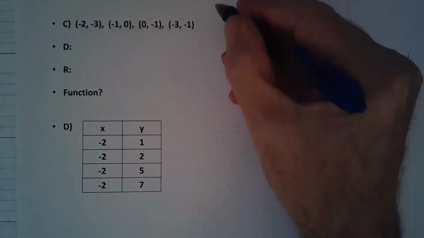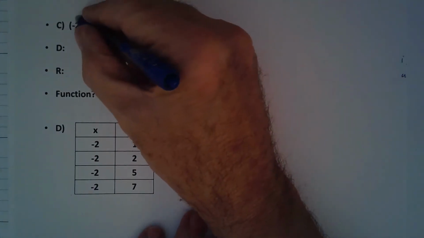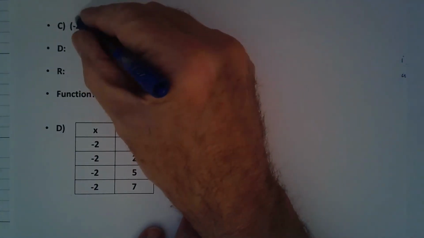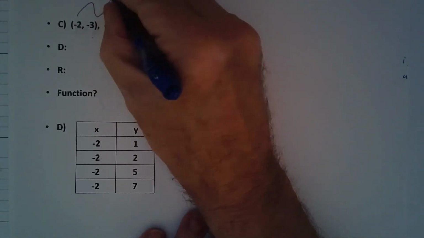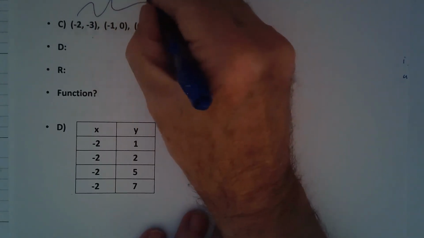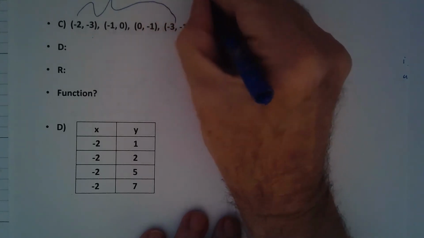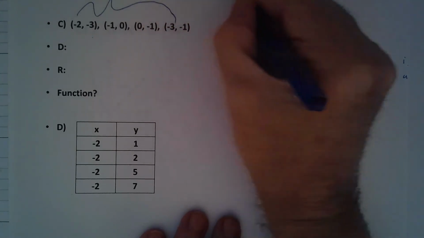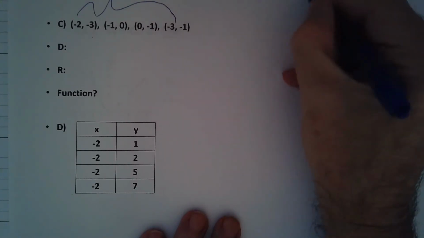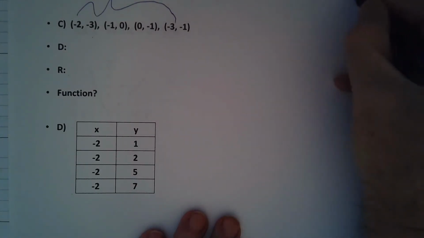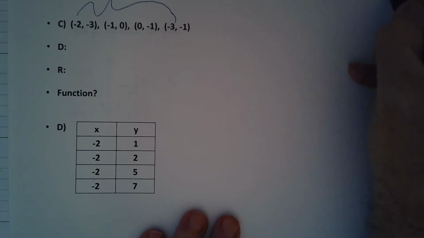So this is, well, maybe it's a function, it's a relation. So this is a relation. Can it also be a function? That's the question.